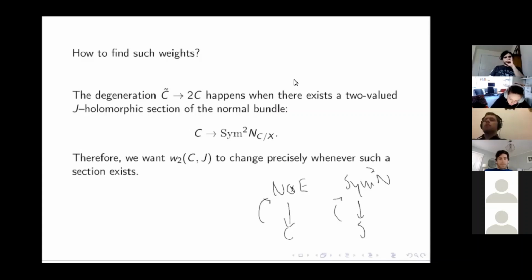These two are equivalent points of view. In any case, we want this weight W2 to jump precisely when J is such that this section exists. And I said that these sections shouldn't exist for generic J because the corresponding operator has non-positive index. But if it has index 0, then for a generic family of J's, such a section might appear. So I want this weight to jump exactly when such a section appears.